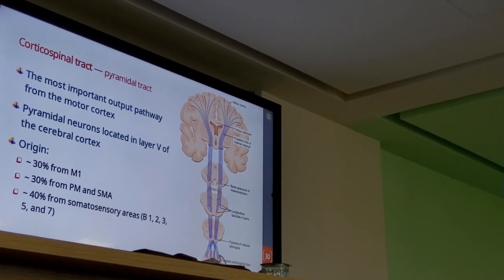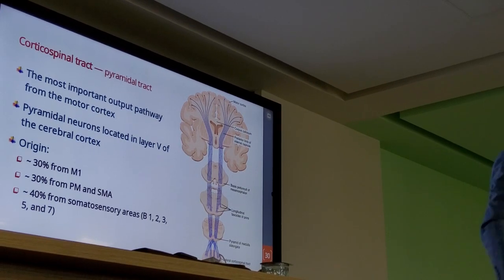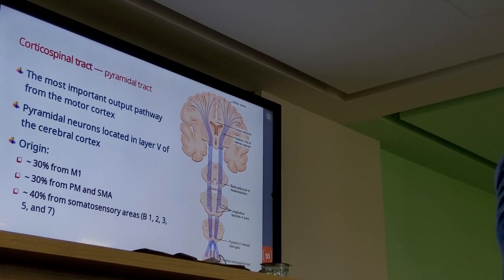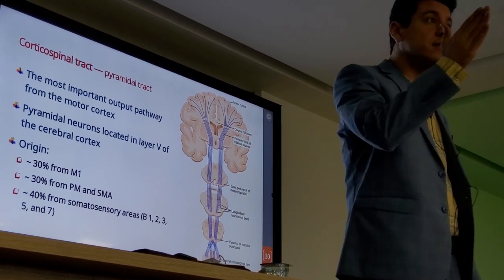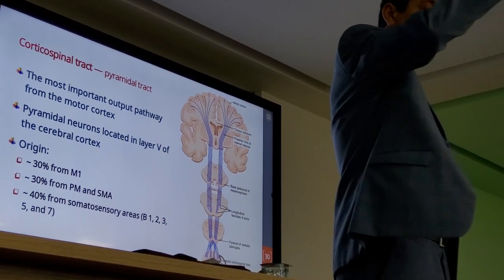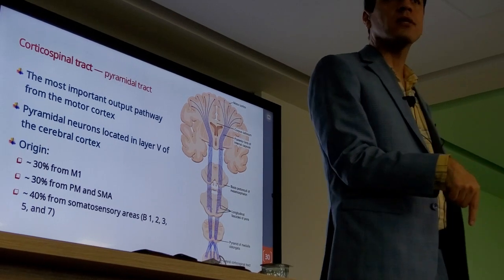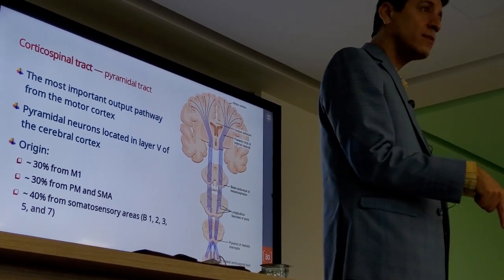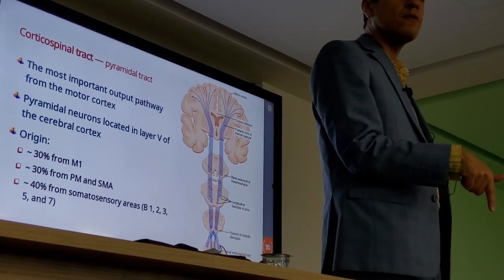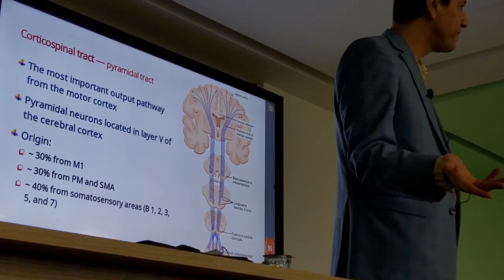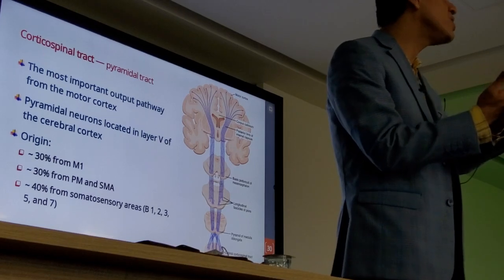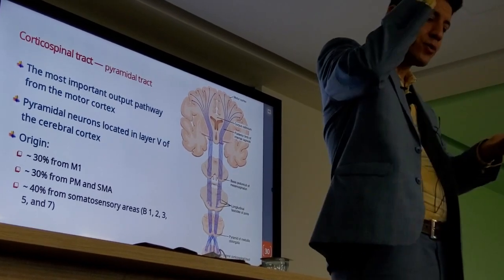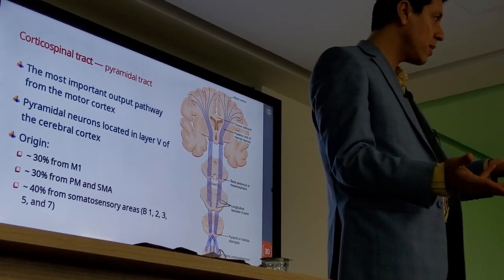So this system is sensory. It's related to sensation from the whole body, skin, joints, muscles, bones, right? But the same area also sends neurons down through the spinal cord in the corticospinal tract. We don't know the function of this. Why this area, which is pure sensory, should send neurons to the spinal cord.